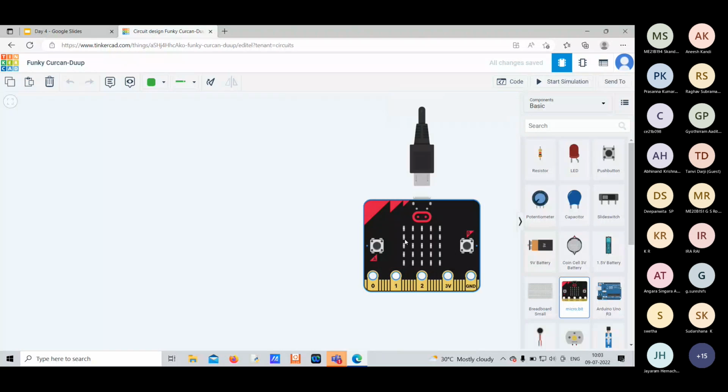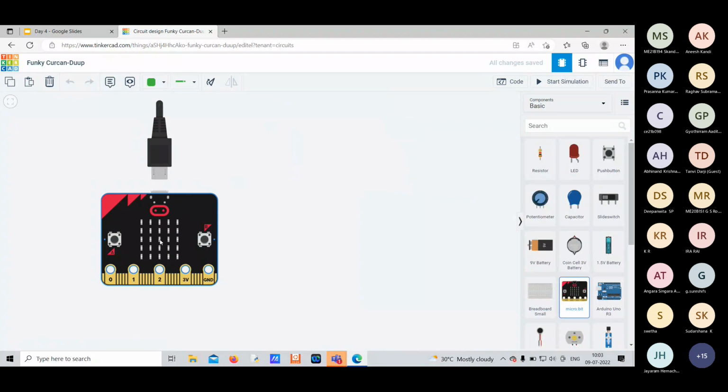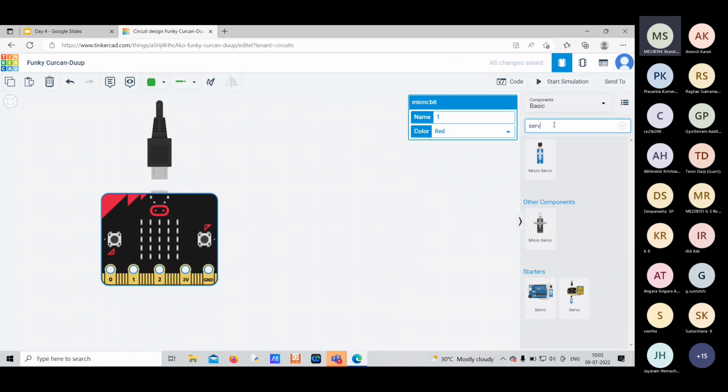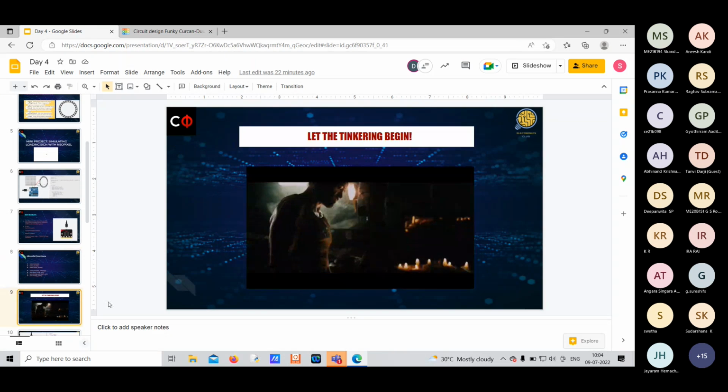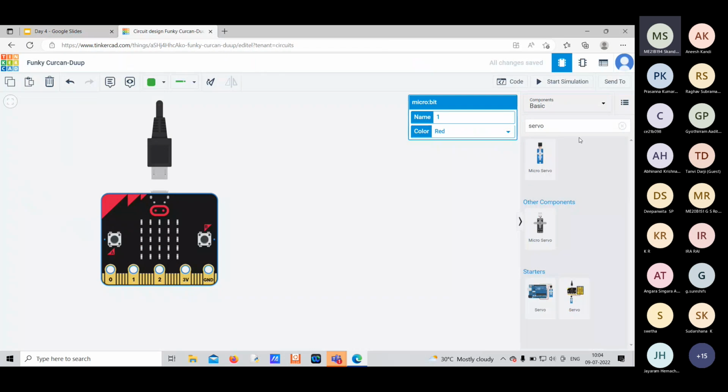This is a controller board in itself, so we'll not be using our Arduino. Then we'll be using a servo motor. The project is all about your servo motor showing the direction in which your compass is going to point.